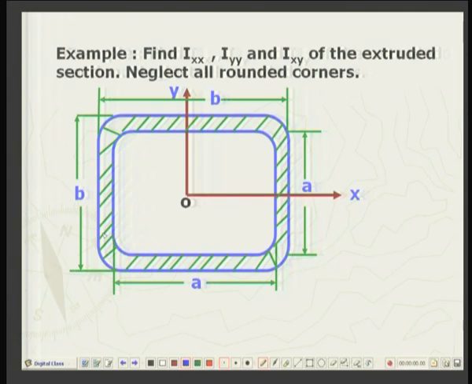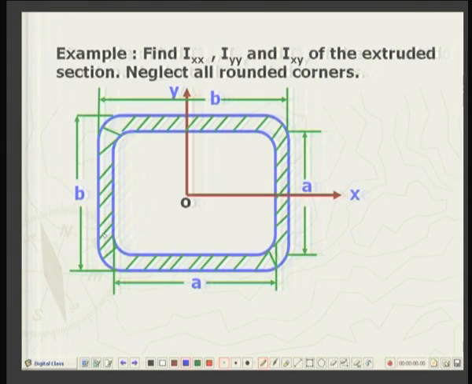Well, technically such an area is a box section. In the aircraft industry and in many other applications, a box like structure is quite conveniently or quite usefully employed.